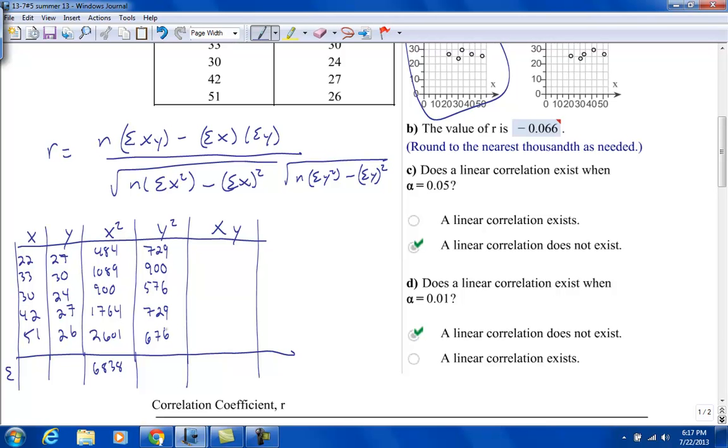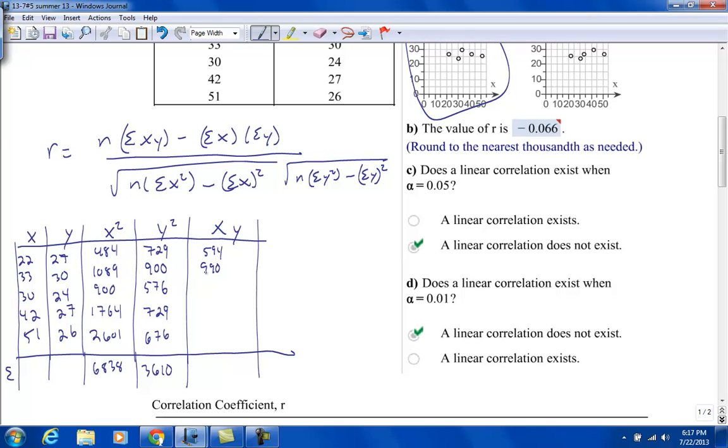729 plus 900 plus 576 plus 729 plus 676 is 3,610. Now we're going to multiply: 22 times 27 is 594. 33 times 30 is 990.